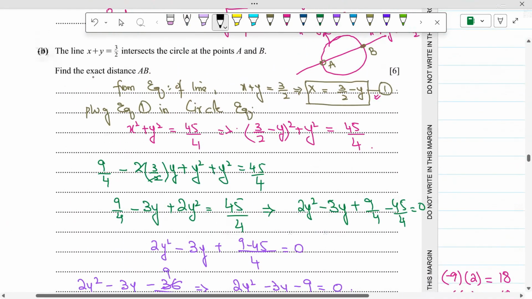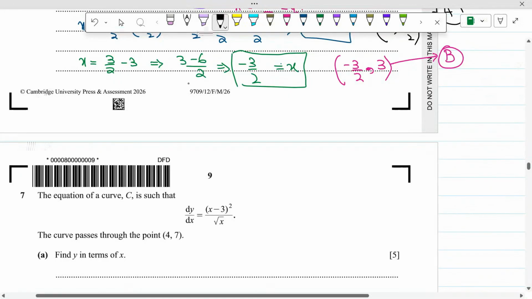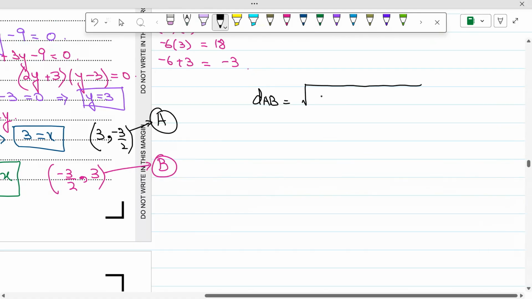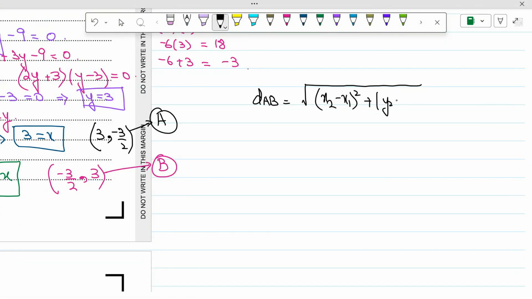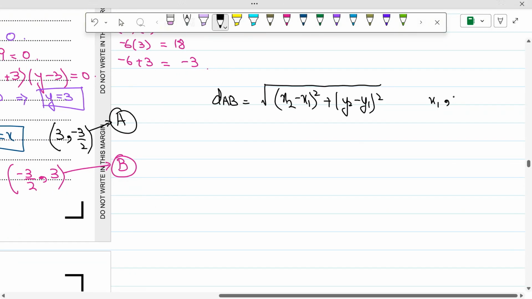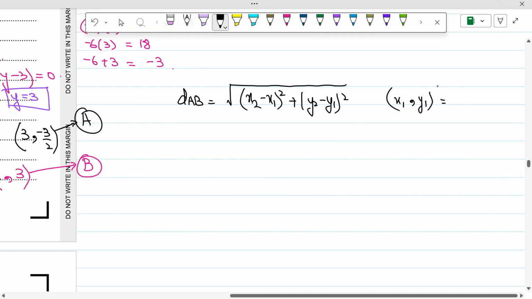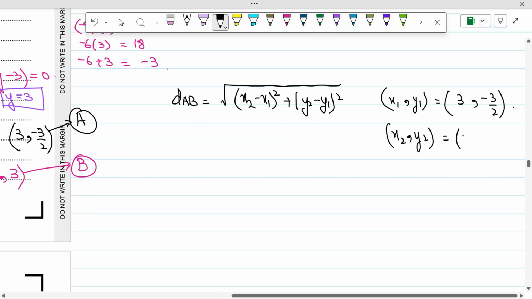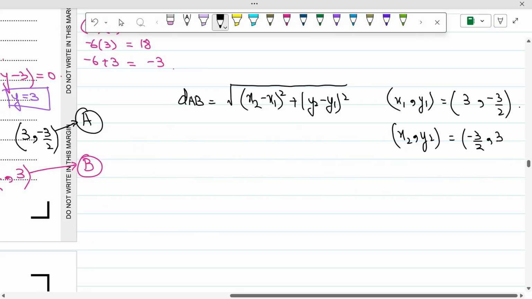We need to find the exact distance between A and B. So we can use the distance formula. The distance between A and B is the square root of (x2 minus x1) whole squared plus (y2 minus y1) whole squared. In this case, x1 and y1 is A, which is 3 and negative 3 over 2, and x2 and y2 is negative 3 over 2 and 3.